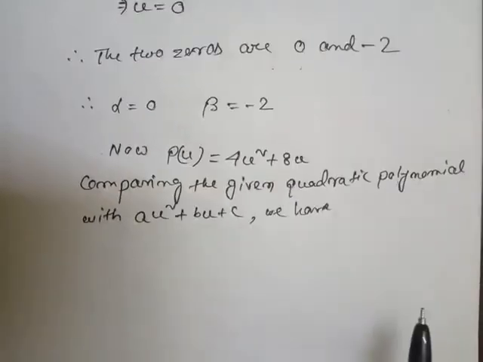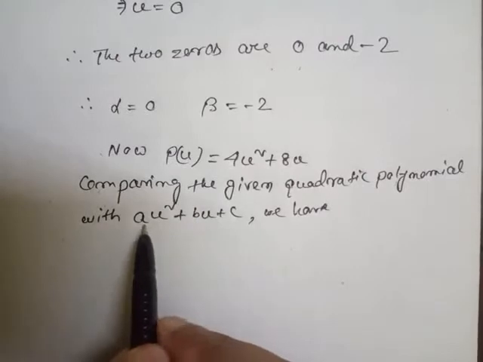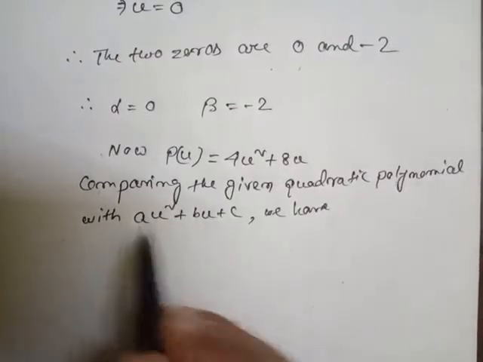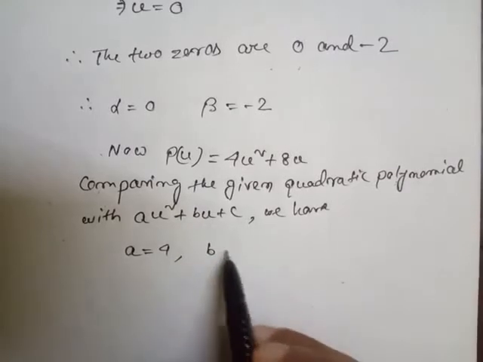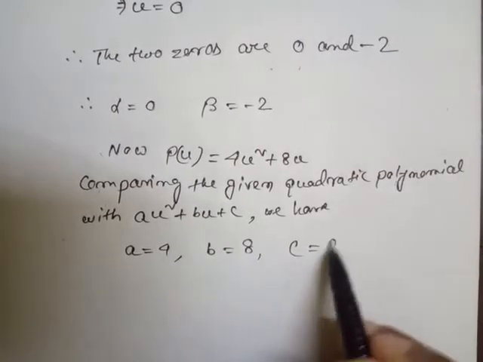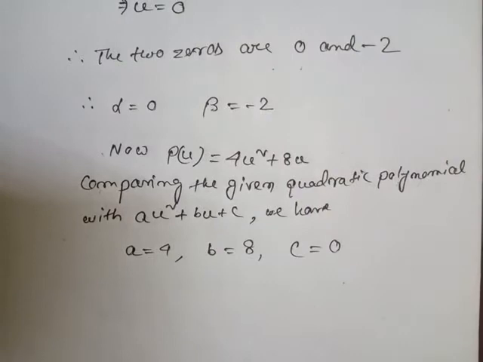Then the next step is comparing this value with this. The value of a is 4, so we can write a equals 4, b equals 8, and c equals 0. Nothing means 0.